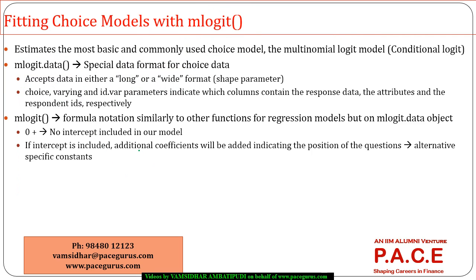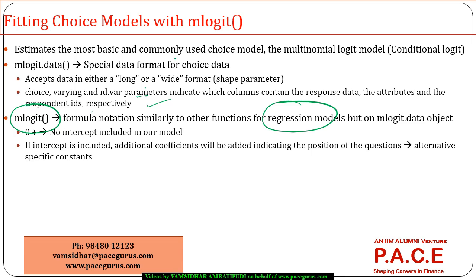Now once my mlogit.data is created, I can use my mlogit function, more or less similar to any other regression models, but I have to use it on my mlogit data object. That's the only thing. The data now I will consider is not my choice, but choice underscore mlogit data. That is the data that I am using as the input.